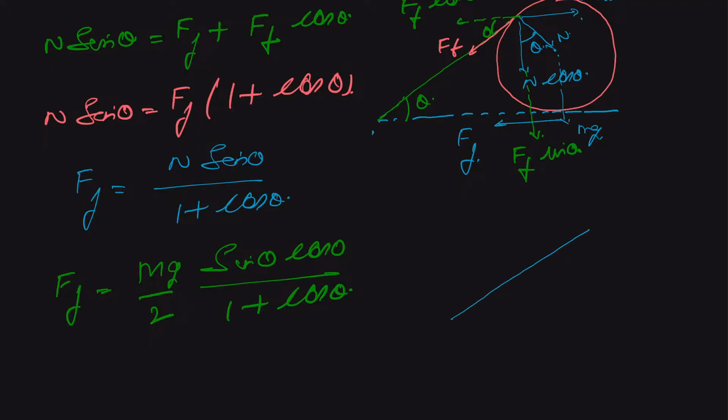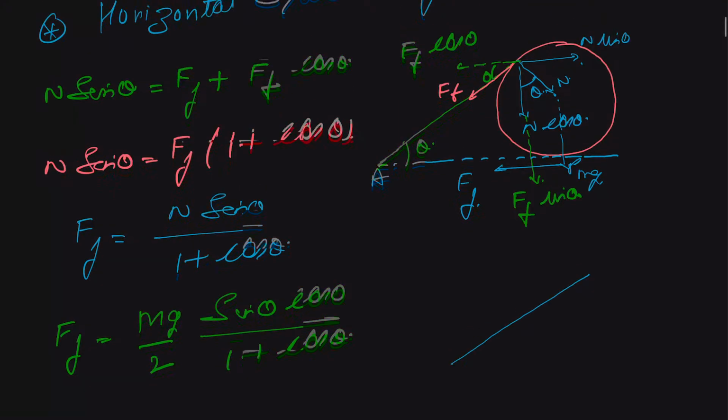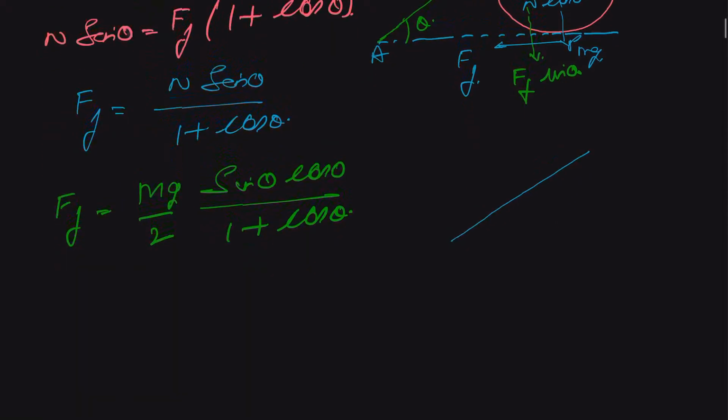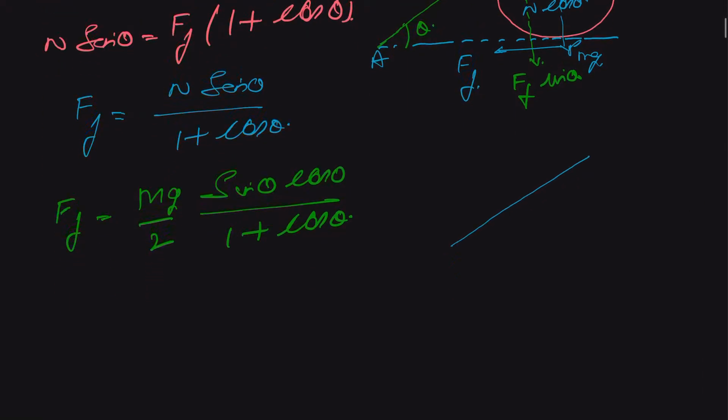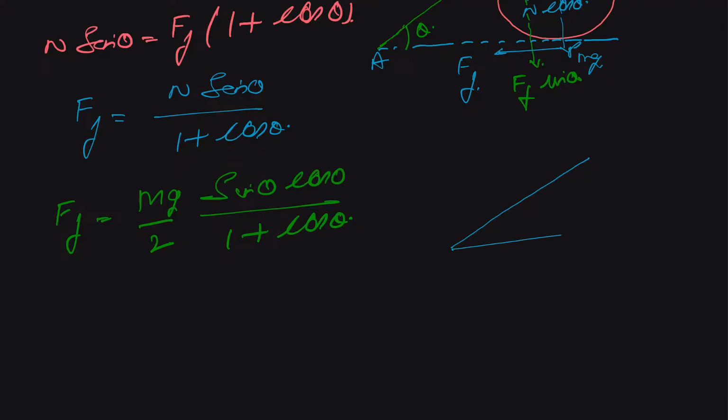So this was our point A, this was B, P, and this was center C. So let me join this also, and if I join AC, the total angle was theta, so each angle will be theta by 2 as well as theta by 2, and this is our length L, and R is the radius.